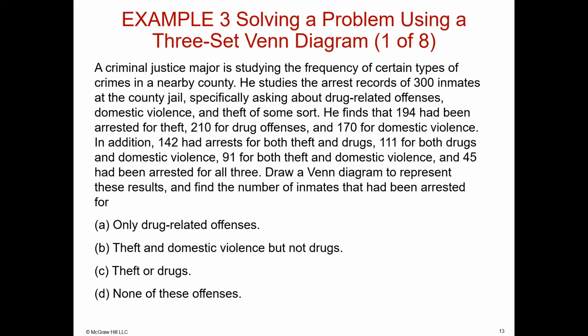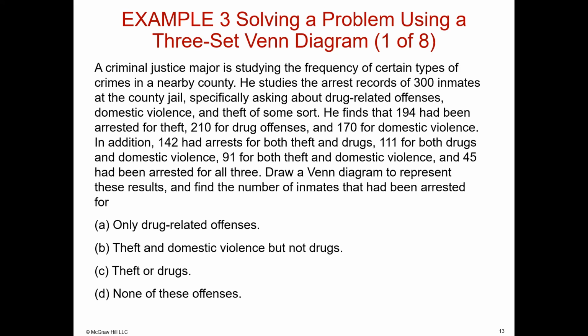county. He studies the arrest records of 300 inmates at the county jail, specifically asking about drug-related offenses, domestic violence, and theft of some sort. He finds that 194 have been arrested for theft, 210 for drug offenses, and 170 for domestic violence.